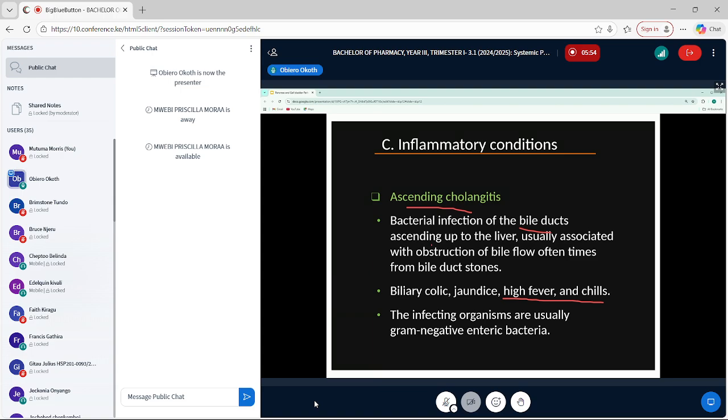We are not discussing them because those were discussed in your liver pathology, like primary sclerosing cholangitis and also primary biliary cirrhosis. Those are some forms of cholangitis. But the one we're talking about here is the acute one.